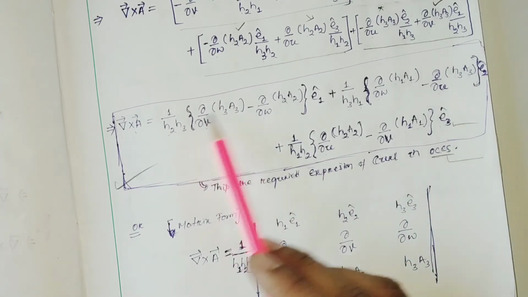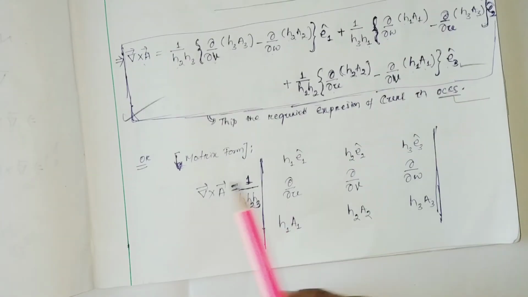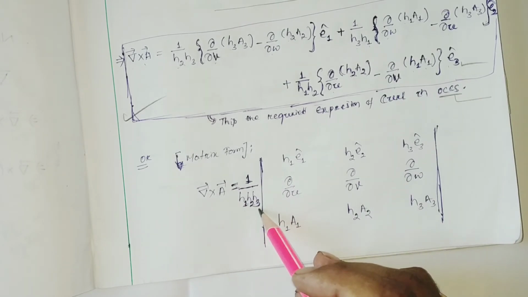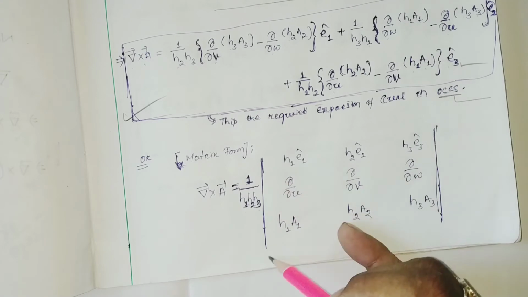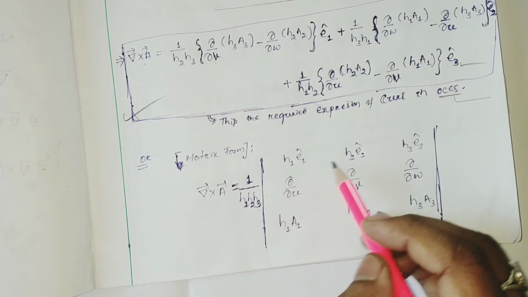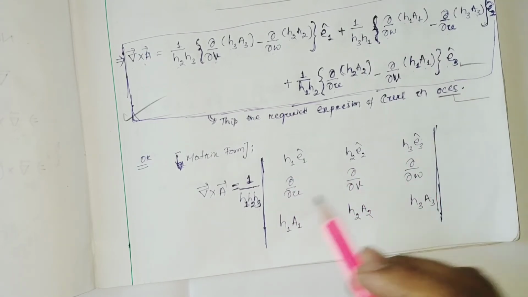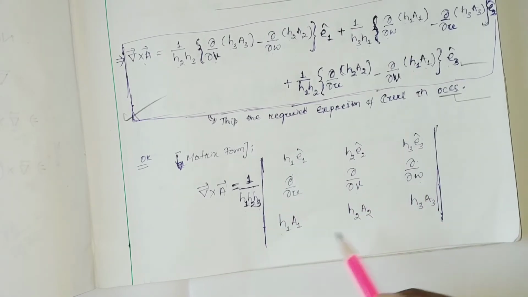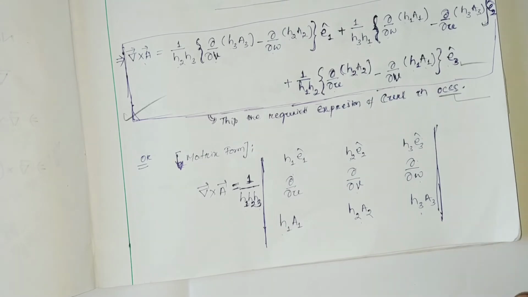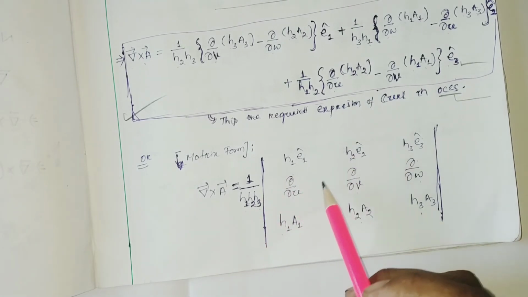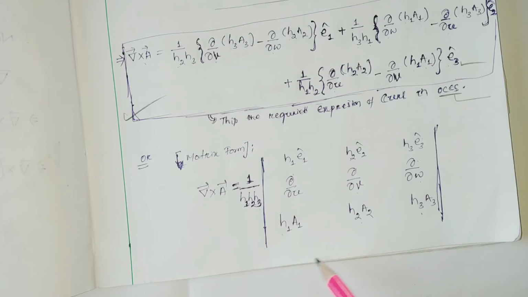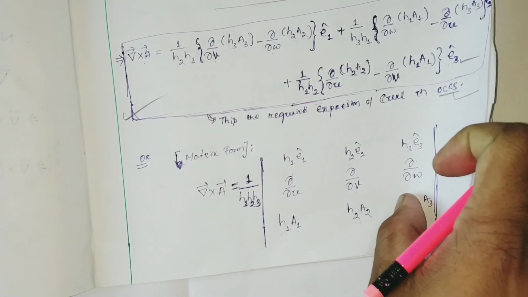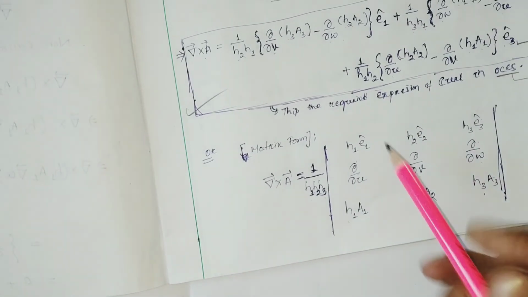So this entire expression can be written in matrix form as 1 by H1 H2 H3 times the matrix. Here H1 E1 cap, H2 E2 cap, H3 E3 cap, del by del U, del by del V, del by del W, H1 A1, H2 A2, H3 A3. So if we write in the expanded form of this matrix, we can get this one. I am going to go for the first term. You just watch. First term will be how much?